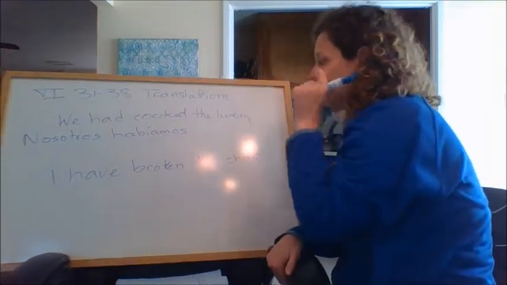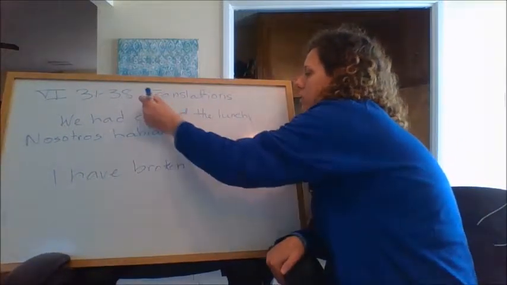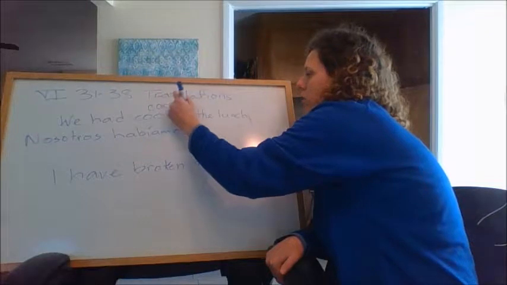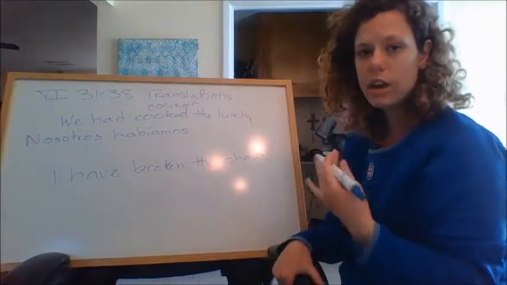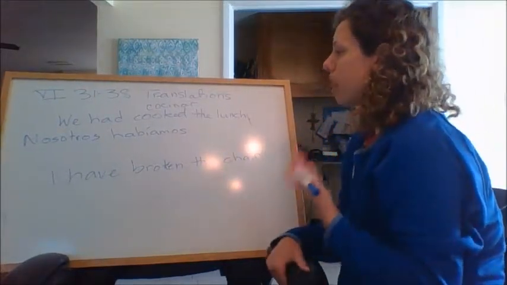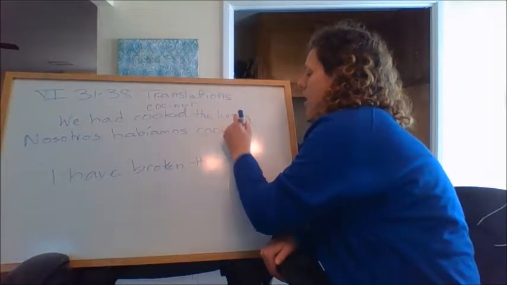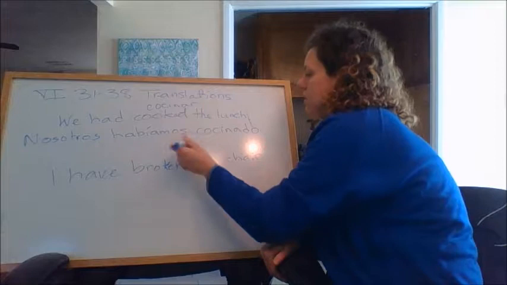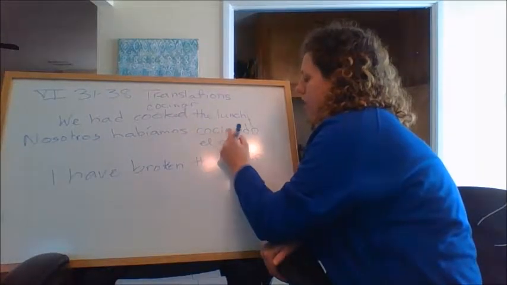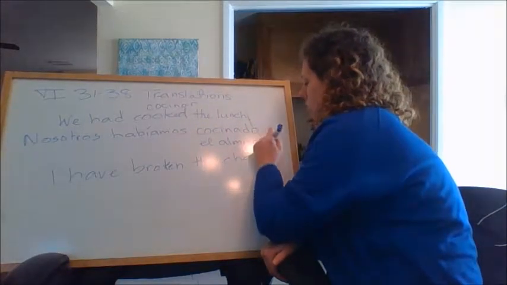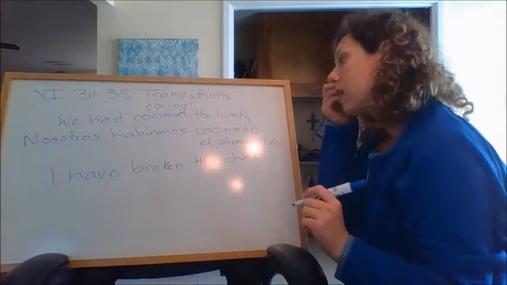And then the verb for cook is cocinar. This is a regular verb. It is not an irregular verb. So we take off the AR, add ado, and it becomes cocinado. And then the lunch is el almuerzo. All right, just like that.